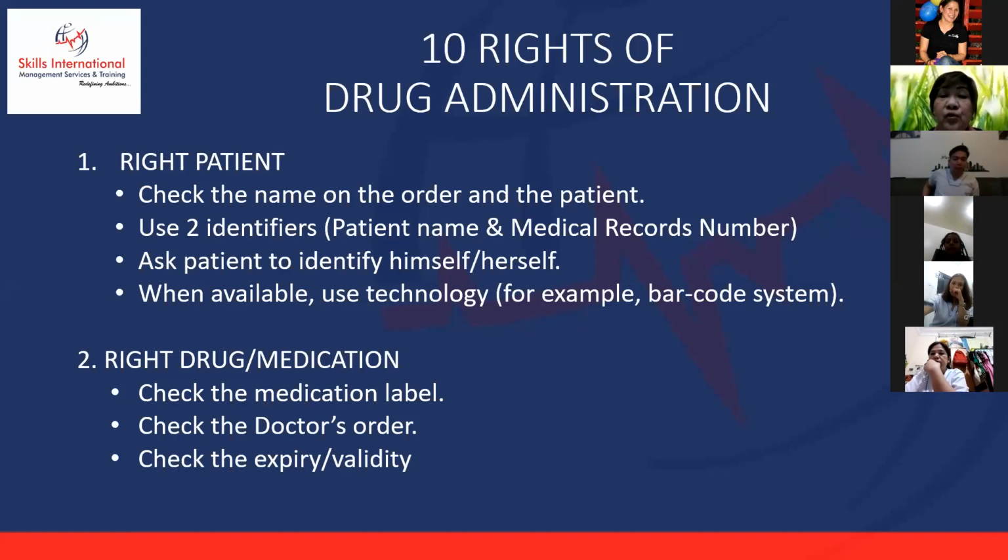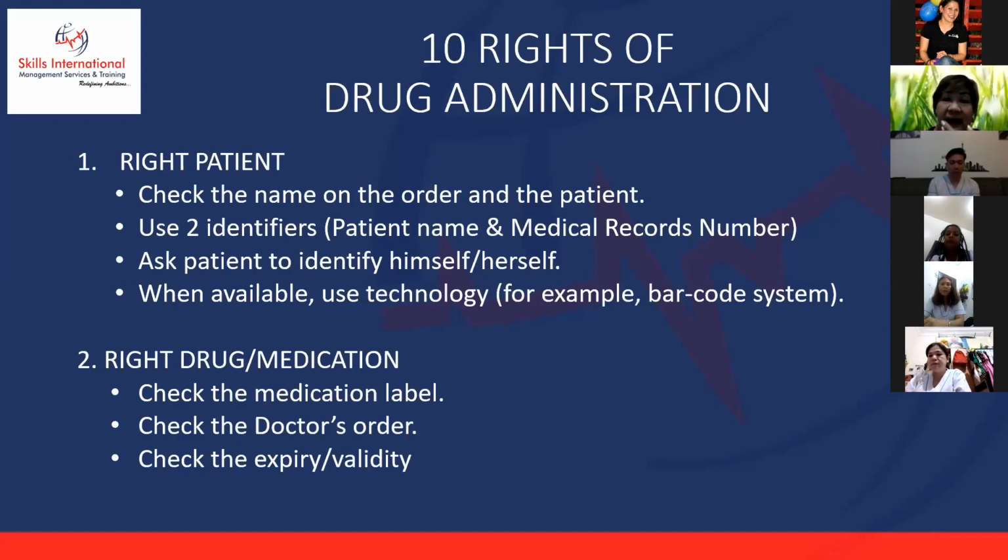So use two identifiers. What are those? This is as per the international standard. Two identifiers in identifying the patient. Number one is the patient name and number two is the patient's medical records number. Have you ever been to the hospital and found that the patients have an ID, they have a bracelet?